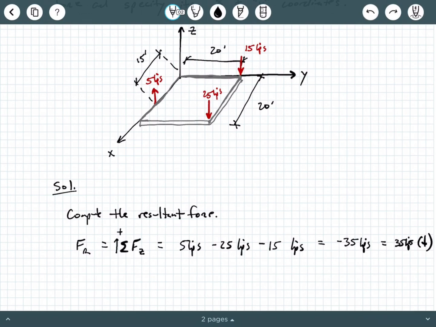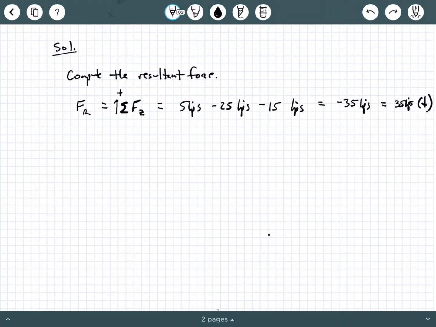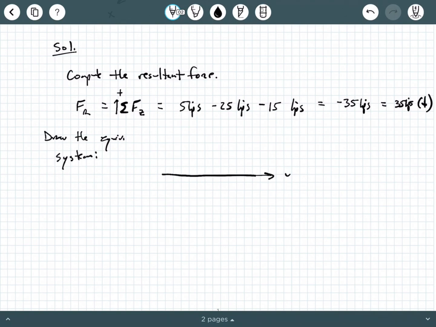Here's what I'm going to do. I'm going to try to redraw this. We're going to draw the equivalent system. Here is the y direction, here's x, here is z.